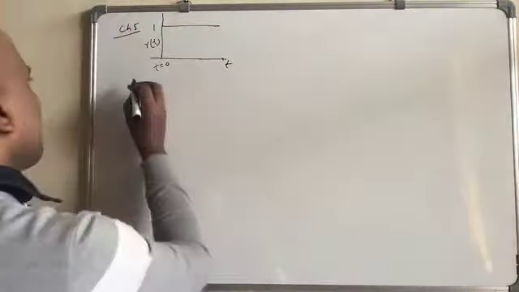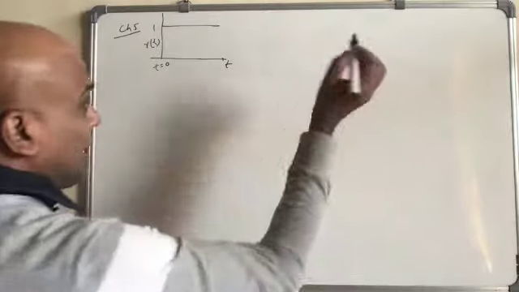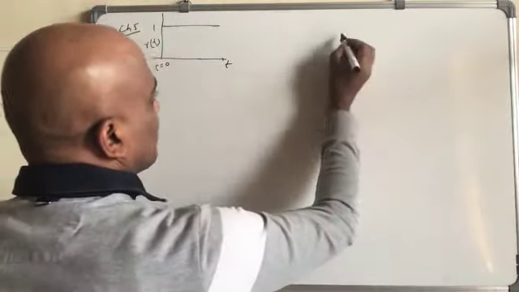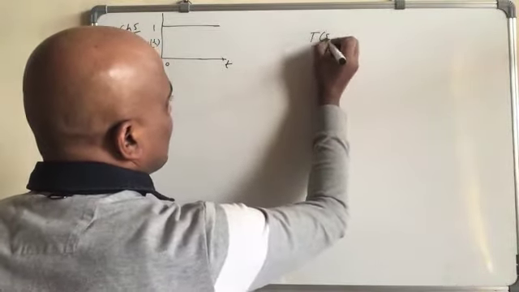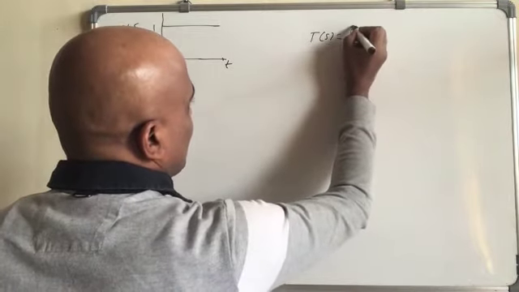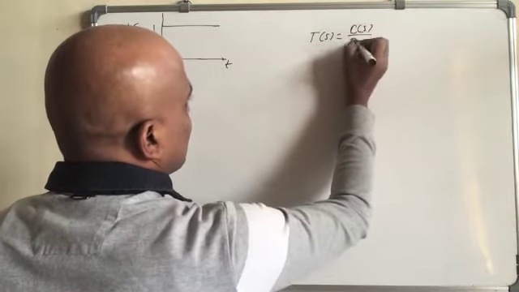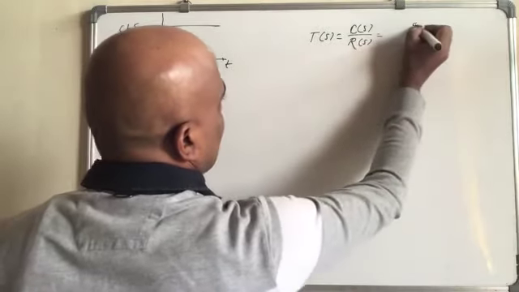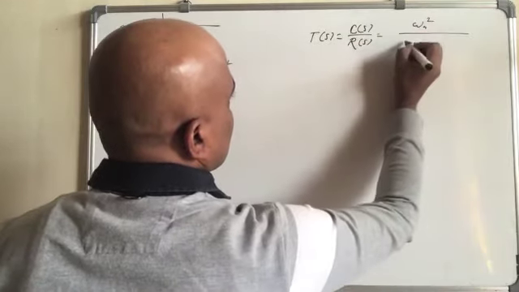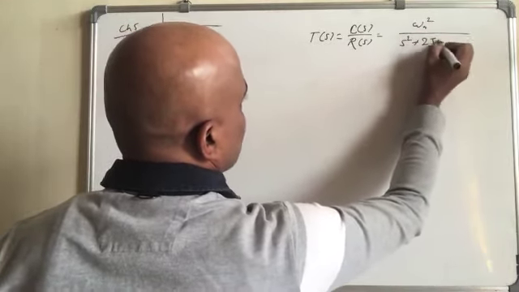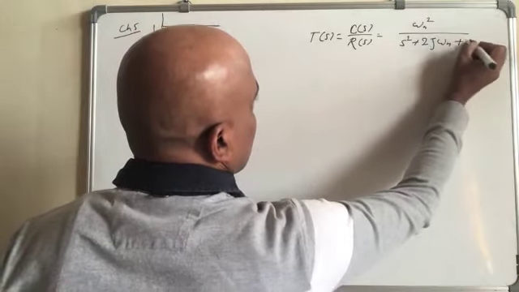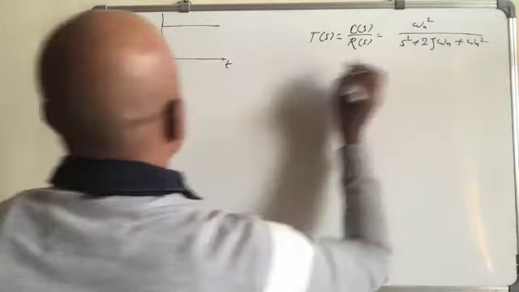What kind of problem were we talking about? We are talking about a simple transfer function T(s) equal to C(s) over R(s) equal to omega n squared divided by s squared plus 2 zeta omega n s plus omega n squared, and three conditions.